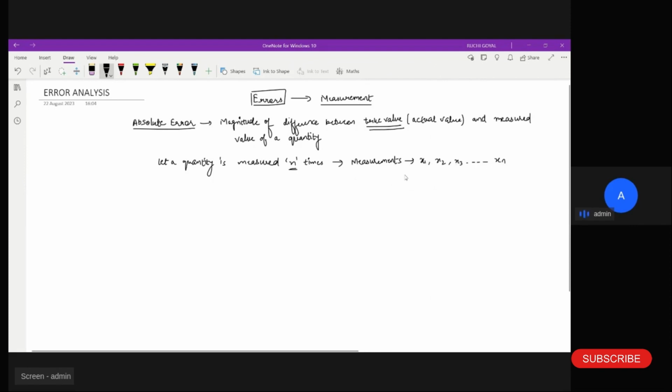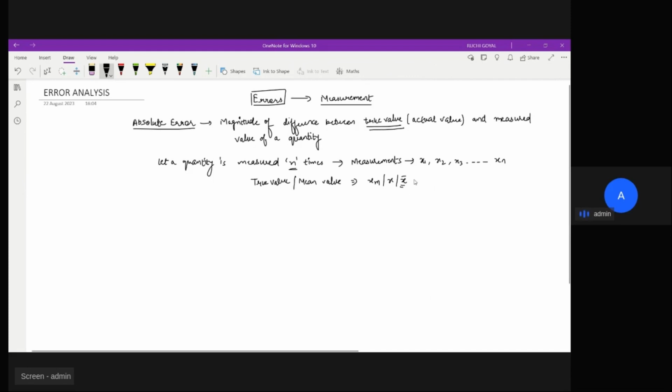These are the measurements x1, x2, x3, and so on. So how will we find the true value for these measurements? Or we can write it as the mean value. We can denote it by the mean value xm, or we can write it as x, or x bar. In many books it is written as x bar.